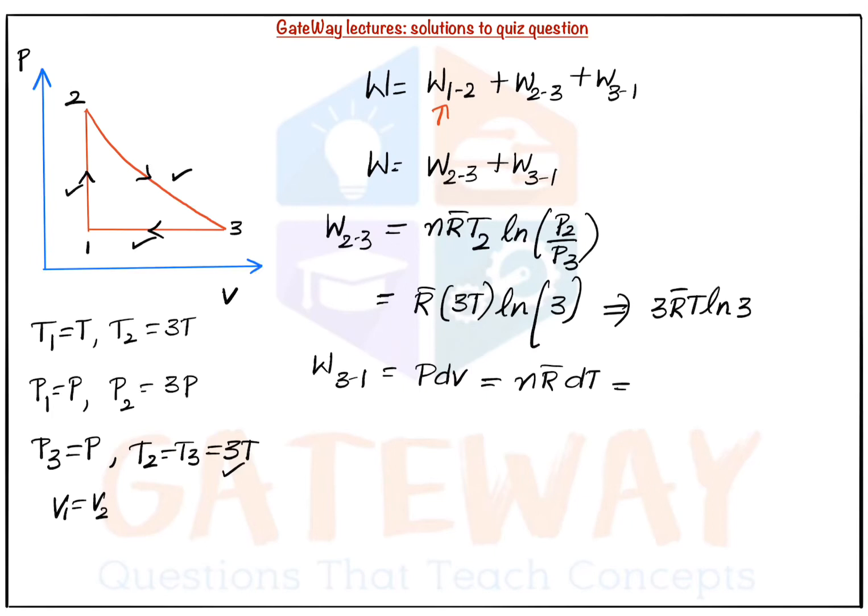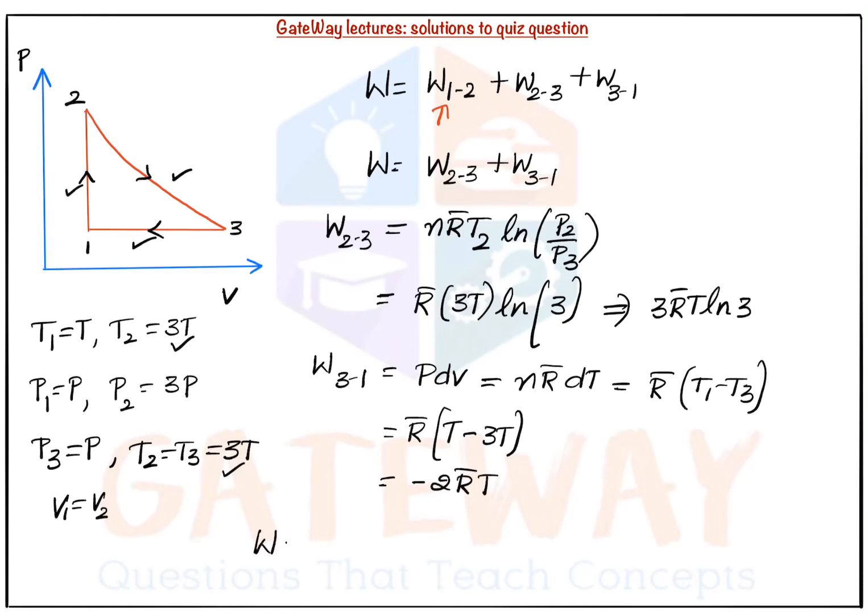So this will be equal to, per mole, N is equal to 1, R bar into T1 minus T3. 3 is the initial, 1 is the final, so final minus initial will be T1 minus T3. From that, R bar into the value of T1, which is T, minus the value of T3, which is 3 times T. And this value will be minus 2 R bar T.